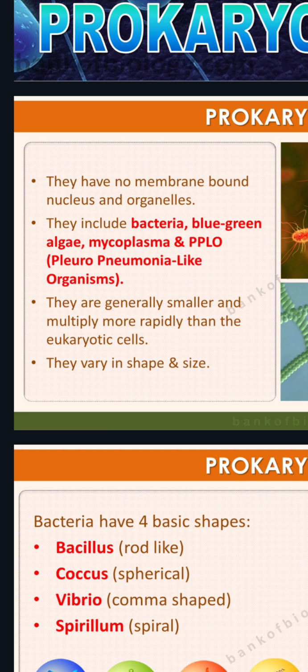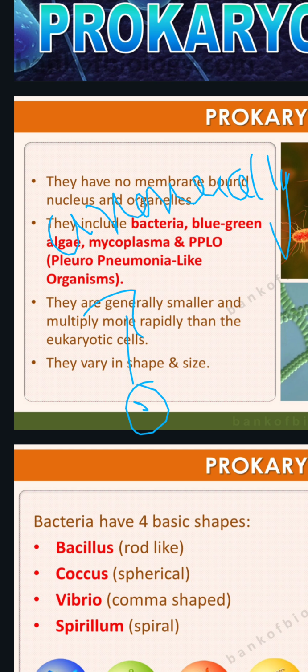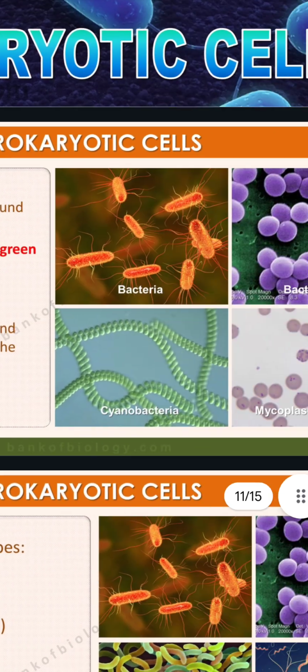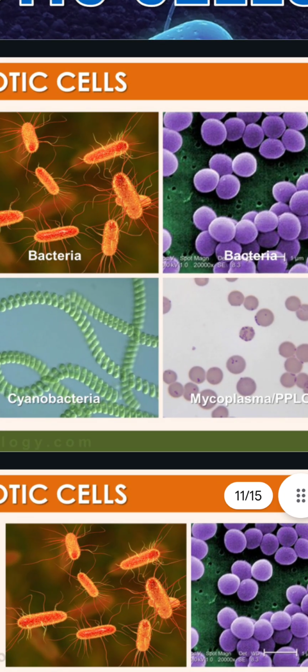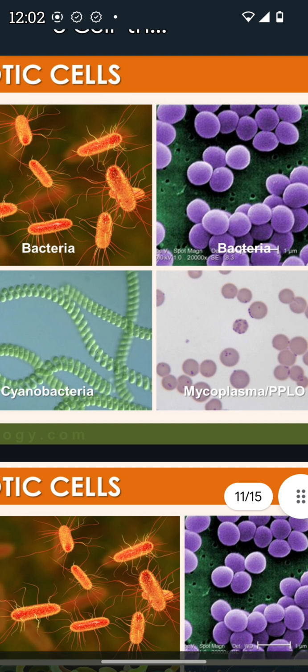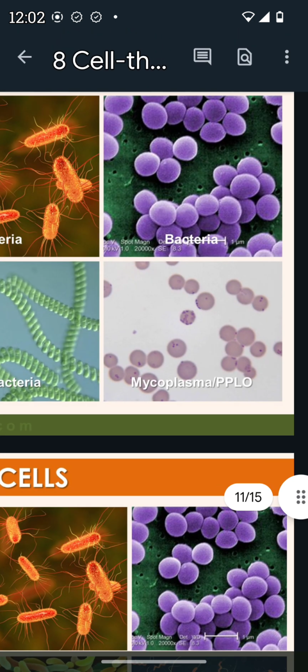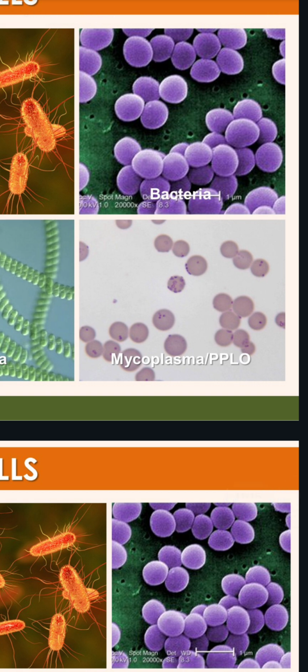Being small, they usually practice asexual reproduction, and they can reproduce fast. They may vary in shape and size. As you can see, all these are bacteria. This is cyanobacteria, which can perform photosynthesis, and this is mycoplasma, PPLO, pleuropneumonia-like organism.